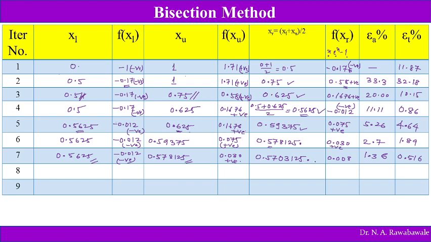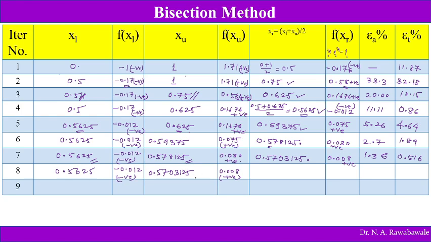Okay. Now this is positive. The new positive replaces the previous positive function value, that is 0.5703125, with 0.008 positive, and this is continued as 0.5625, and the negative is 0.012, which is negative.